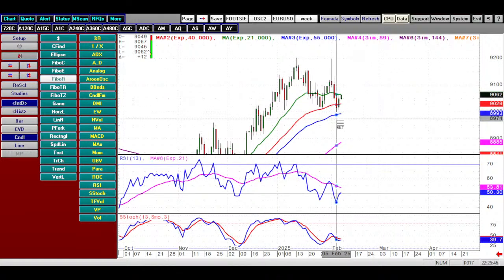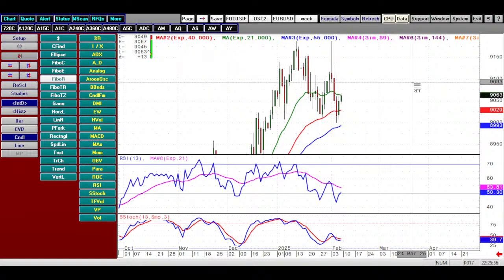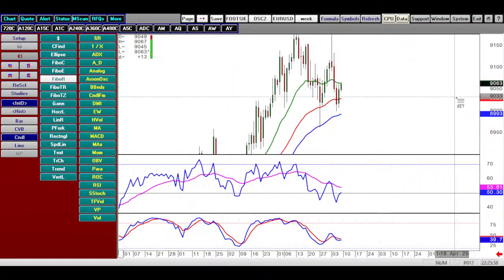So eventually we expect this low to break, and even if this high breaks, it should not go beyond this high or this low, which is 90.95.